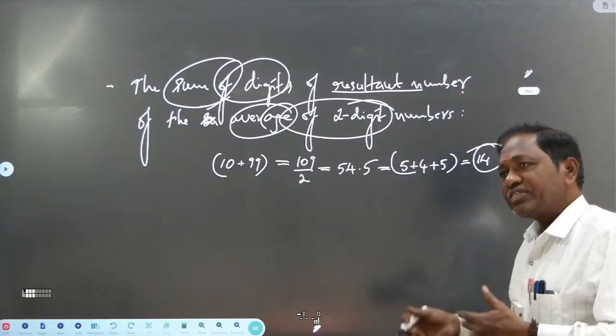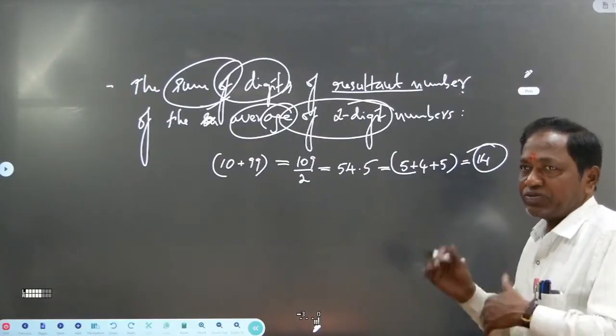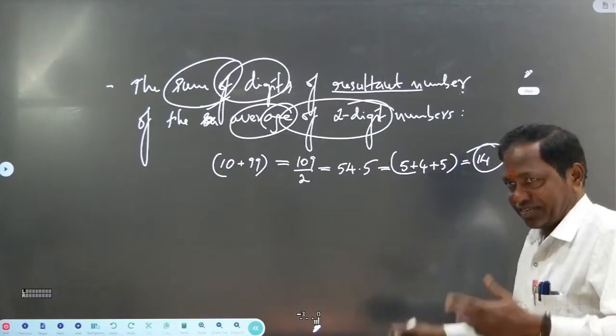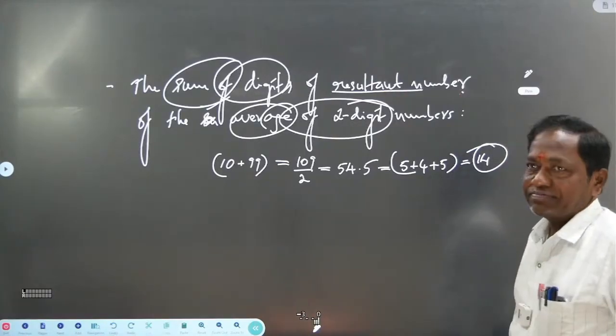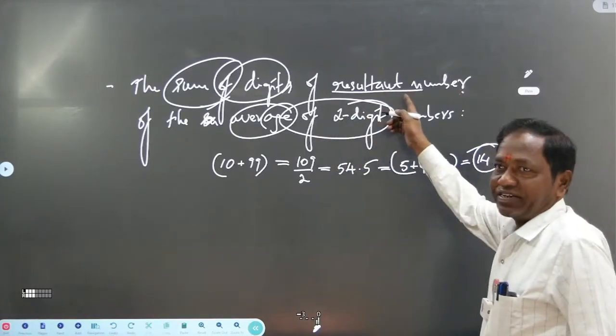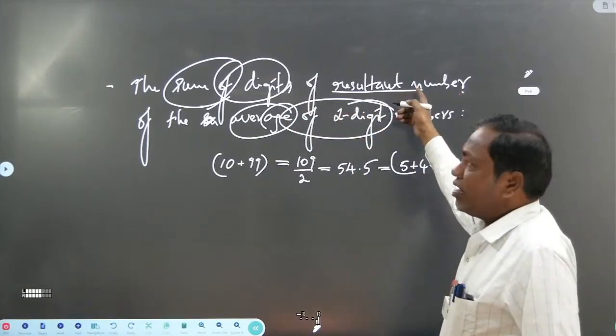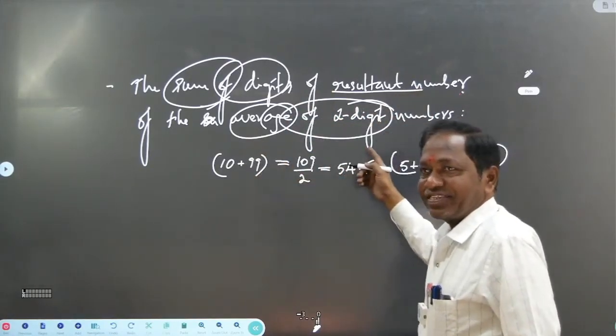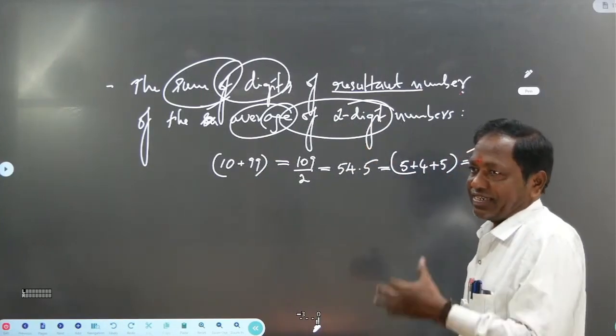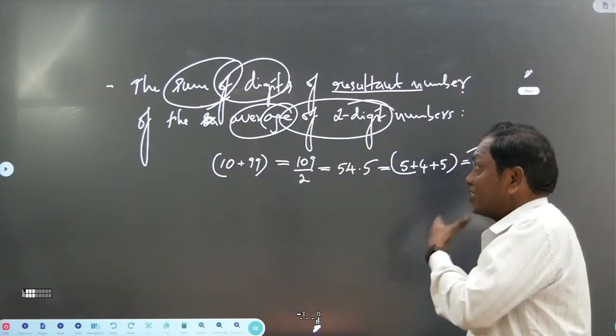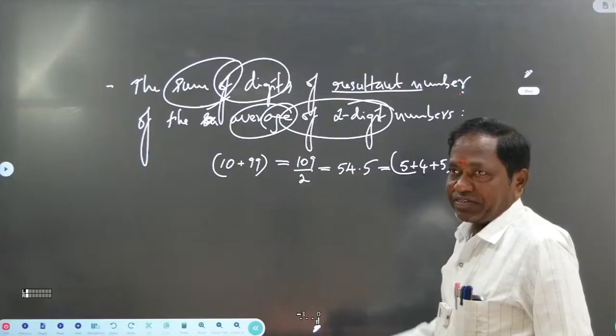Is statement 1 sufficient to answer? Is statement 2 sufficient? Are both statements required, or neither one nor two? So that is the thing. Now this is the CSAT pattern, this model.